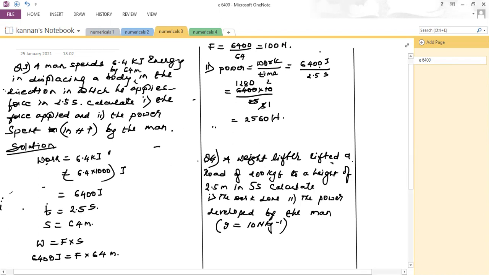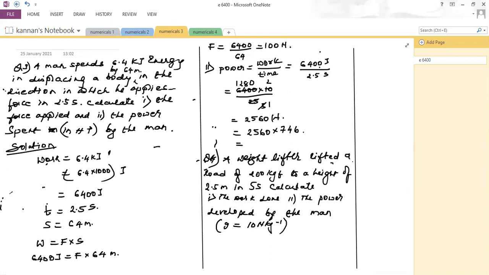Power in horsepower is equal to 2560 divided by 746. You get it in horsepower. Got it?